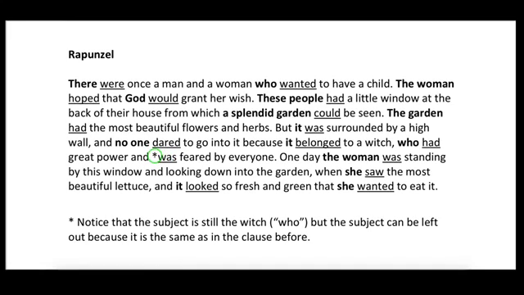Well, we can't see it there, but it's hidden there. It's hiding. This is a special kind of grammar, which I won't go into right now. But what I wanted to tell you was that the subject who is in here. You just can't see it.